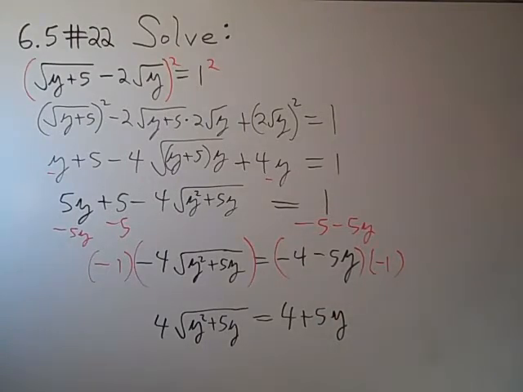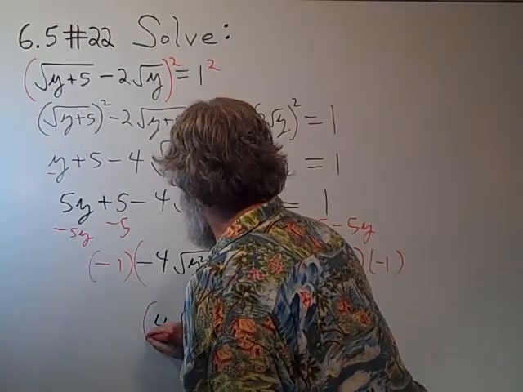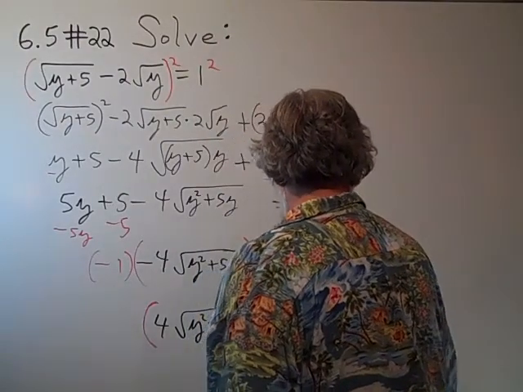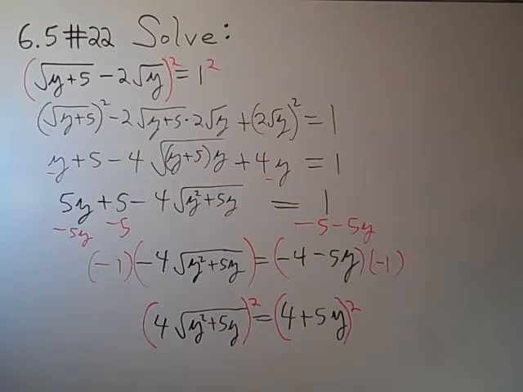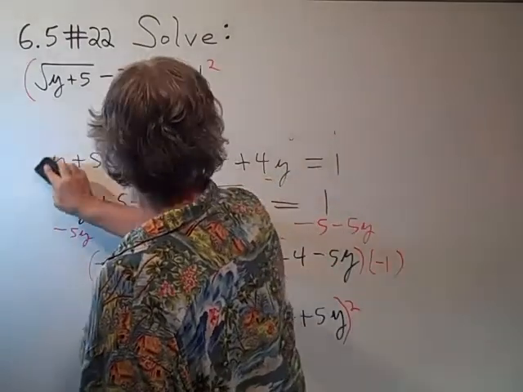And finally, to get rid of the final radical, we have to square both sides yet again. The result of this, we need some space to write it down up here.